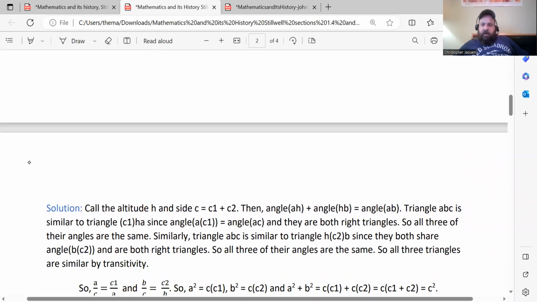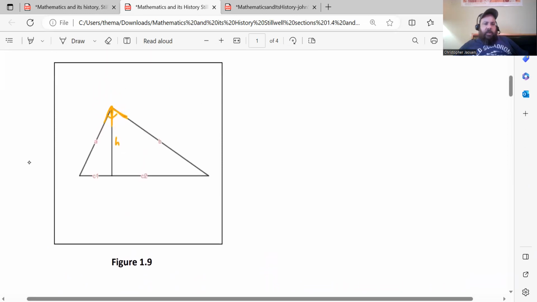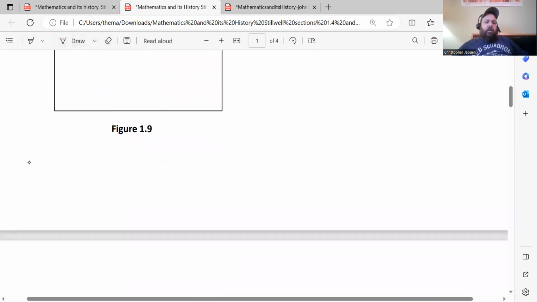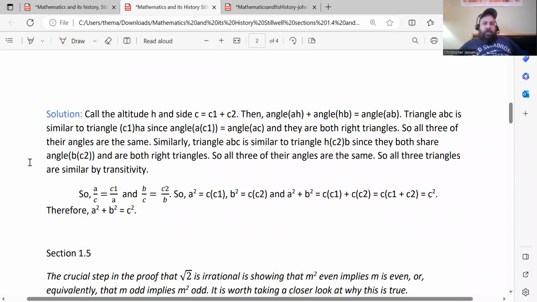And I say here, triangle ABC is similar to triangle C1HA. That's this one here. That's this triangle. We're saying it is similar to this triangle, since angle AC1 equals angle AC.